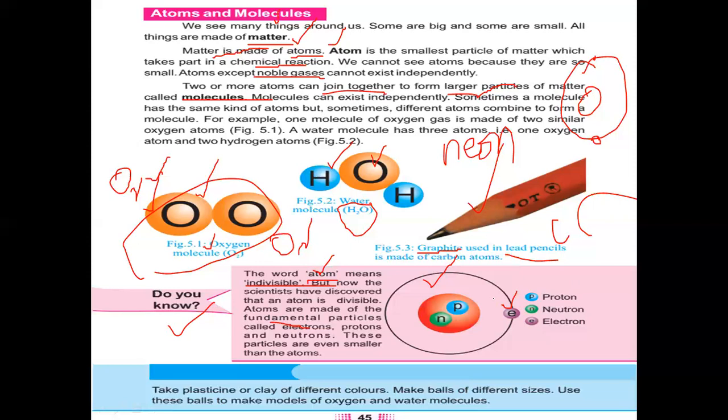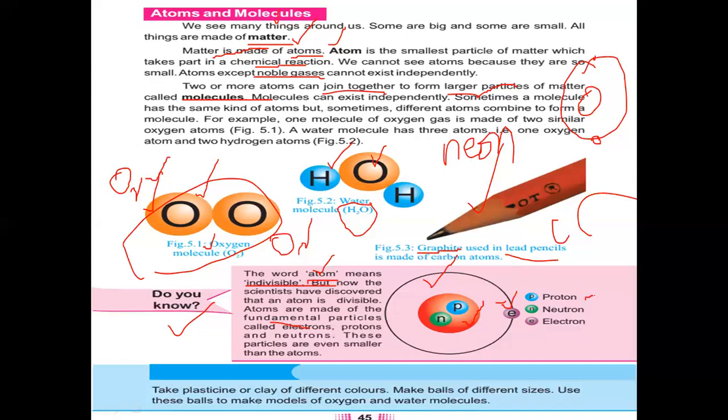That is having which charge? Yes, negative charge. And proton and neutron are inside, like the sun is inside the solar system in the center. So proton and neutron are present in the nucleus. This is also called nucleus, like the nucleus of the animal cell.